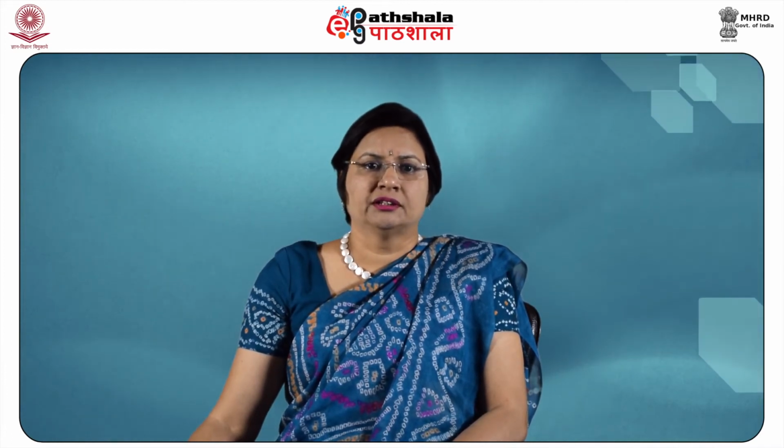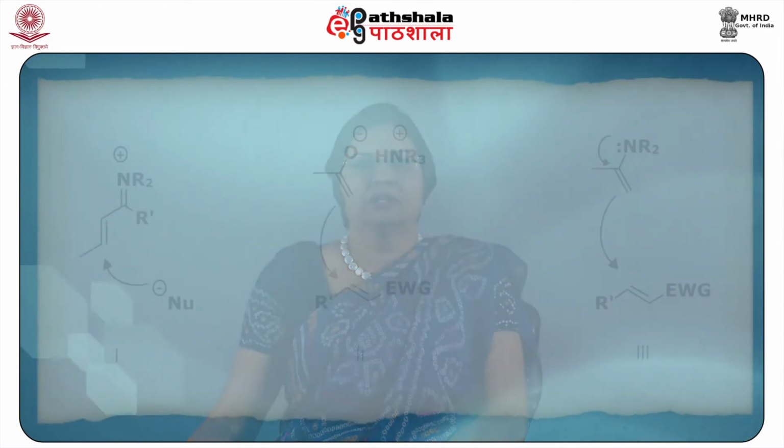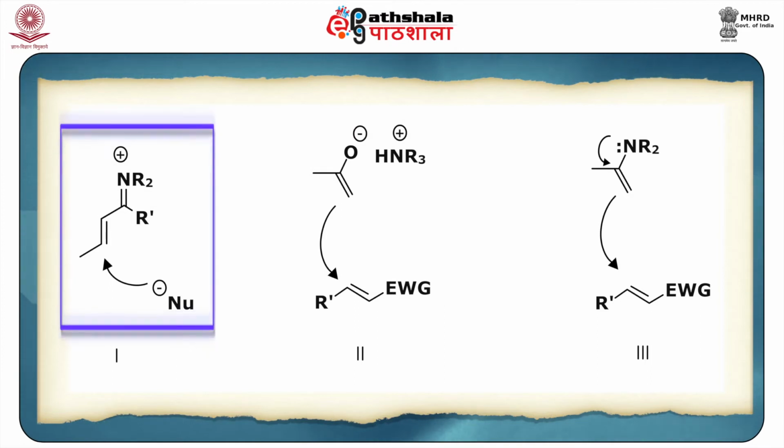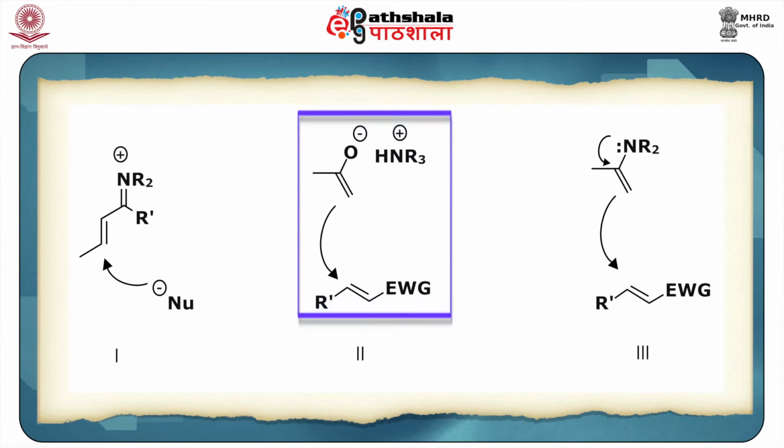The first mechanism is activation of the Michael acceptor via the formation of an iminium species, as shown here in the first structure, where the nucleophile will be attacking at this position. The second plausible mechanism is that it may act as a base, forming a complex with enolate to react with the acceptor, and that is shown in this second structure.